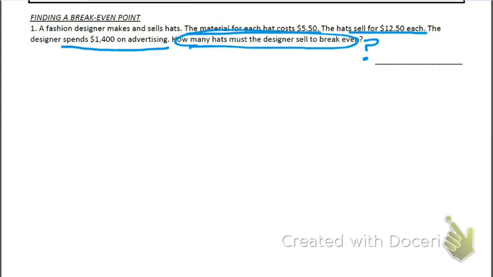Do you want to use x and y? Okay, so x is going to be the number of hats sold, or number of hats. And y is going to be, what would y represent if x is the number of hats? Total cost. So y is going to be total cost.